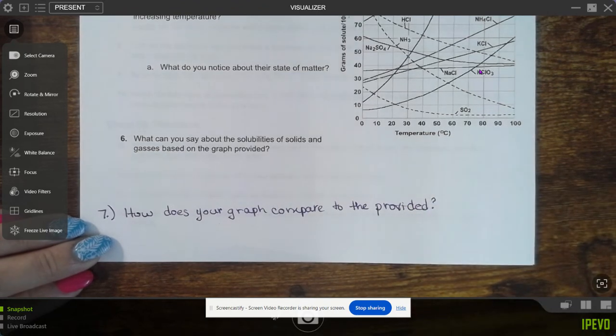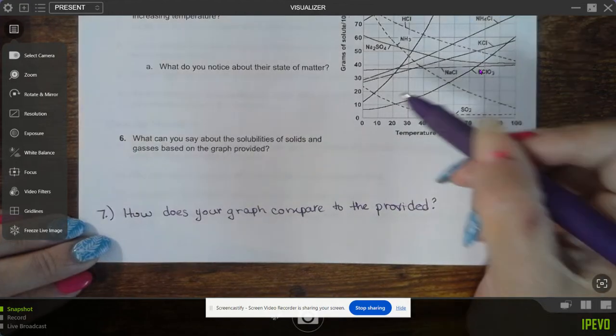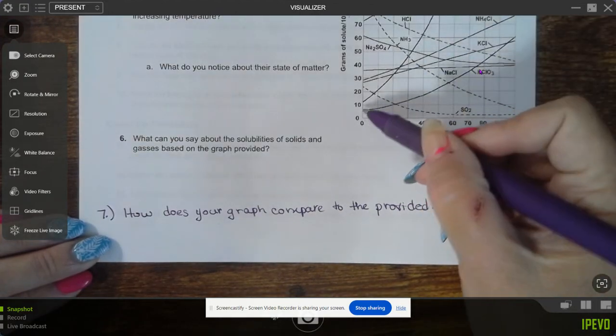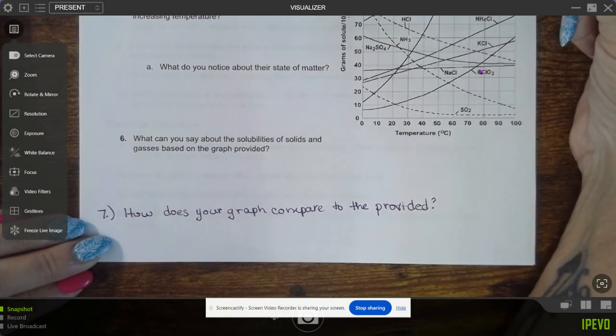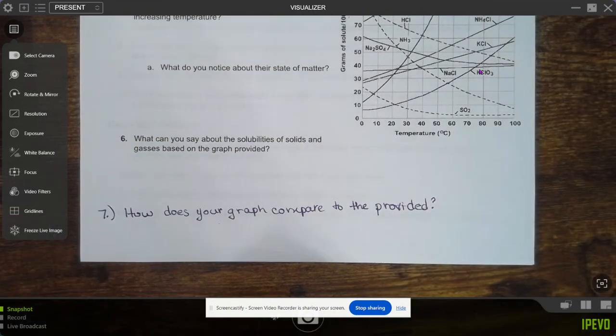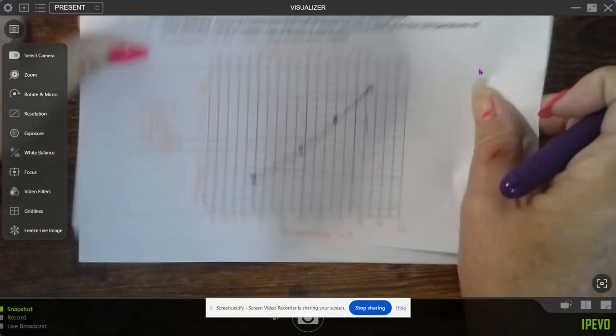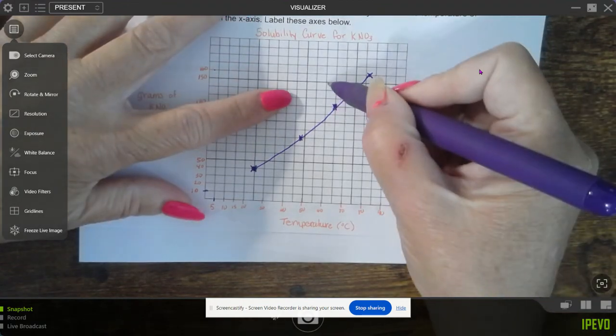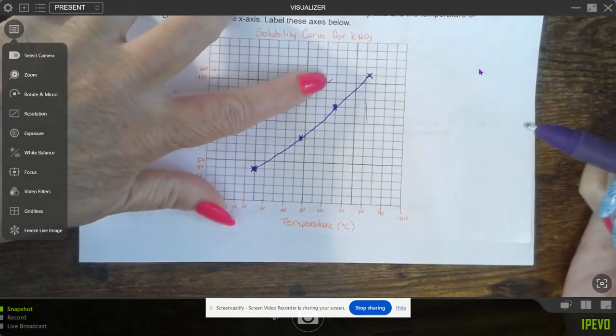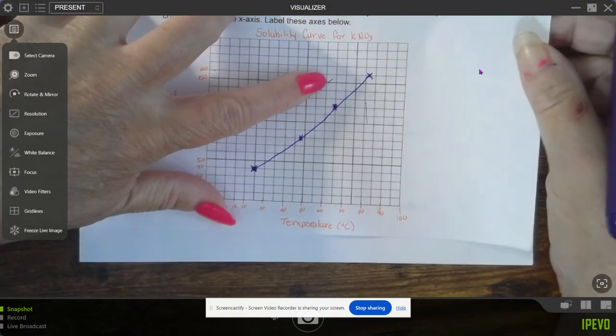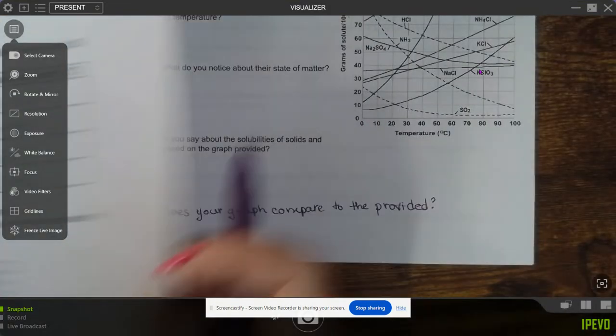In other words, look at your graph and look at the graph of KNO3 on this page and tell me how they compare. Was your graph close? Was your graph off? Were there points on your graph that were off? For example, I talked to a couple of people who said, these numbers look really good, but I've got this one point that's all the way up here and doesn't make sense. If you have that, say that in your explanation here.